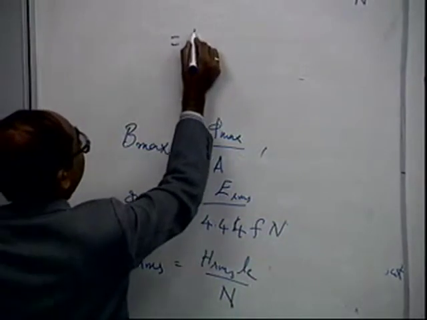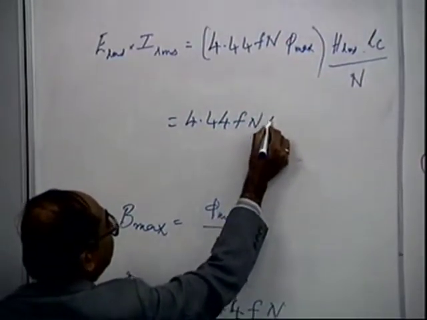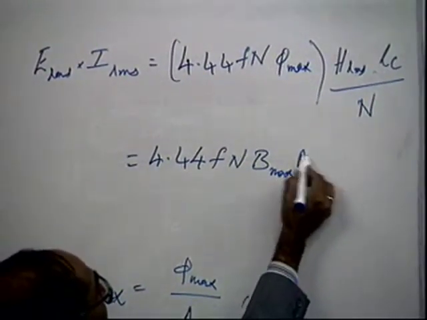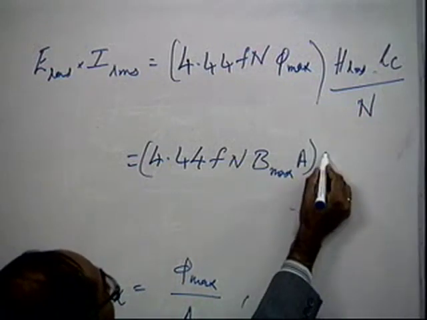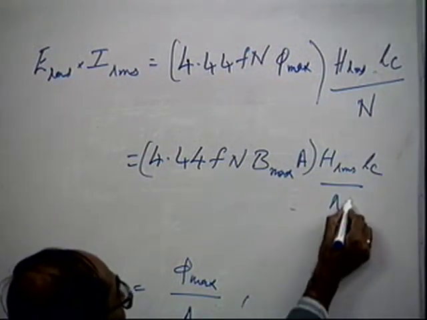So this is equal to 4.44 F n B max into A into H RMS LC by N.